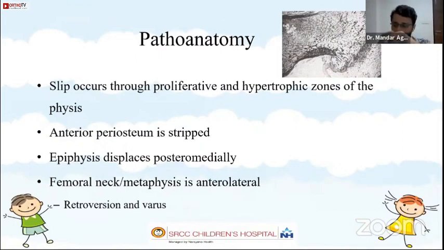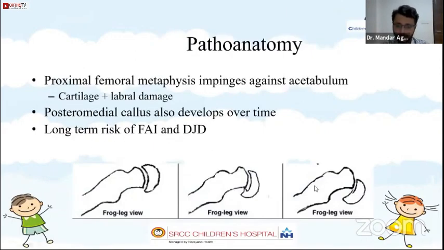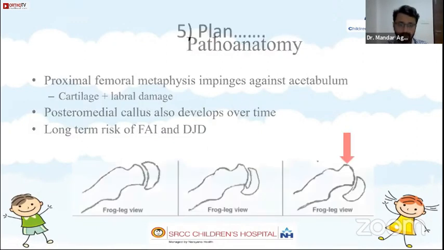Here, the anterior periosteum is slowly stripped and the epiphysis goes posteromedially, and there is severe rounding of the metaphysis. This proximal femoral metaphysis then starts impinging against the acetabulum, which causes cartilage and labral damage, and this has a severely high risk of femoroacetabular impingement and further degenerative joint disease.